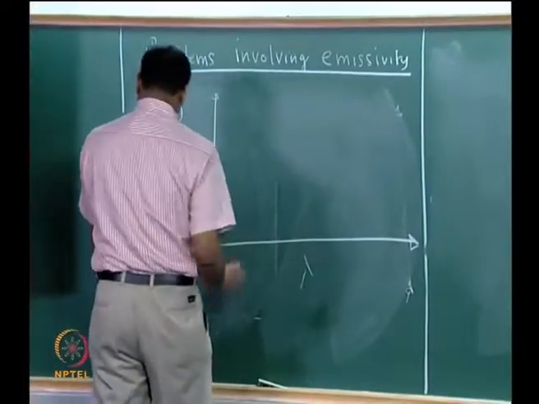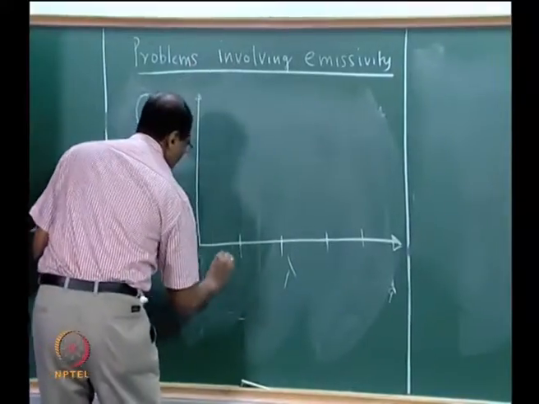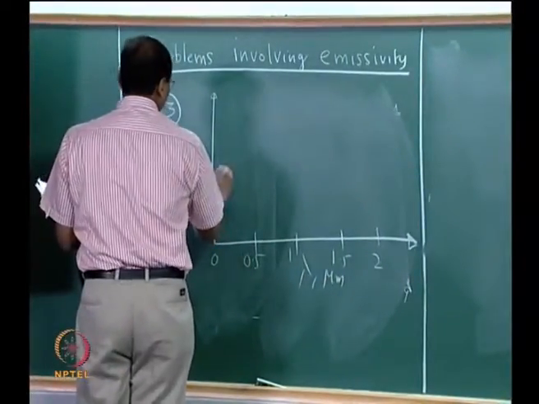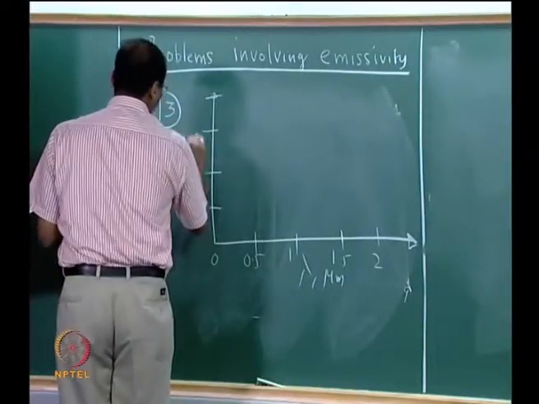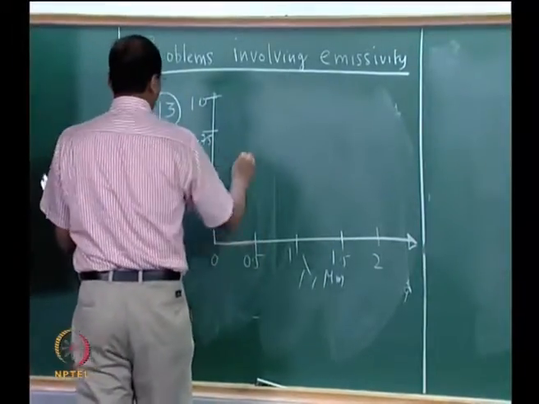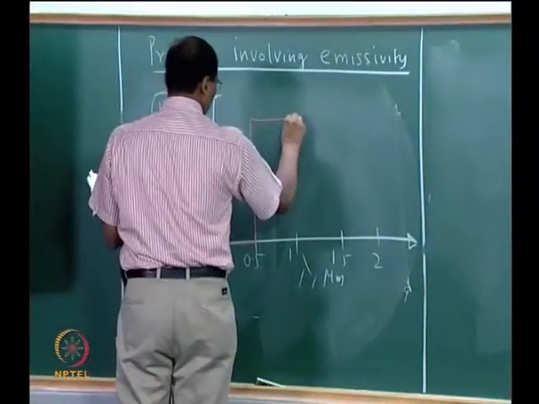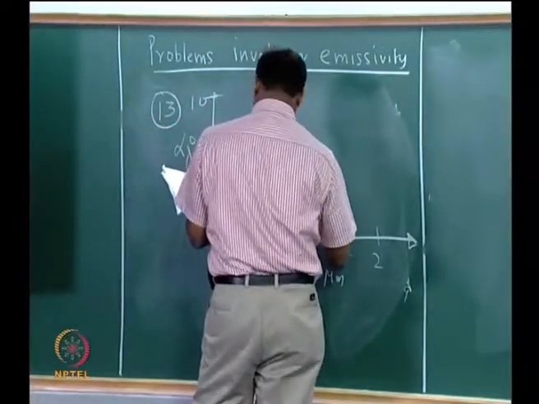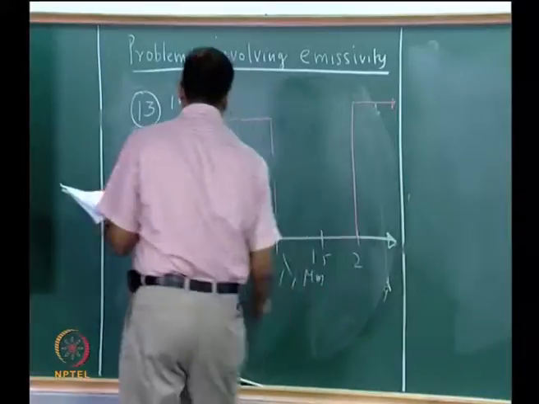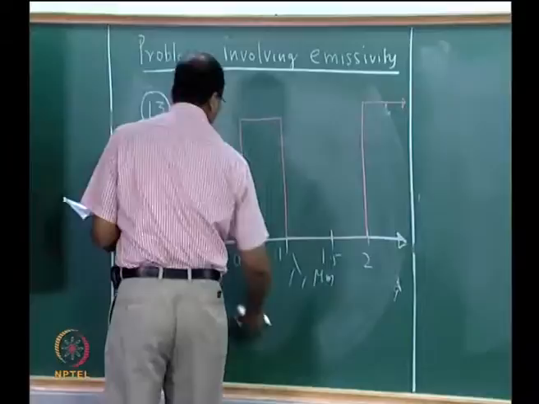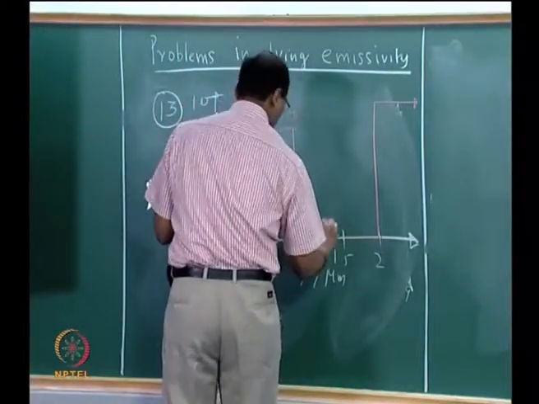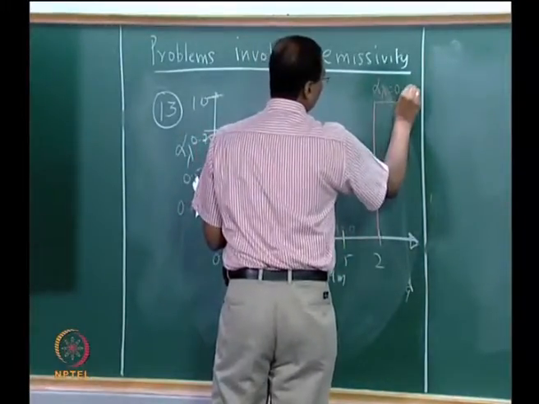Alpha lambda versus lambda, lambda in micrometer, 0.25, 0.5, 0.75, 1, 0.5, 1.5, 2.